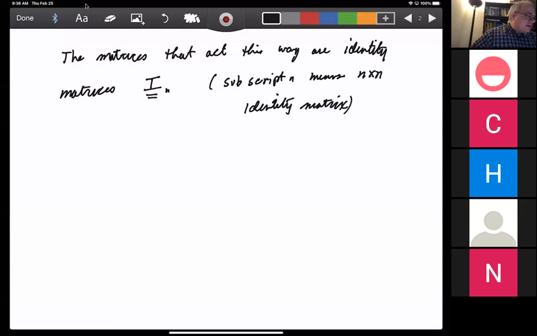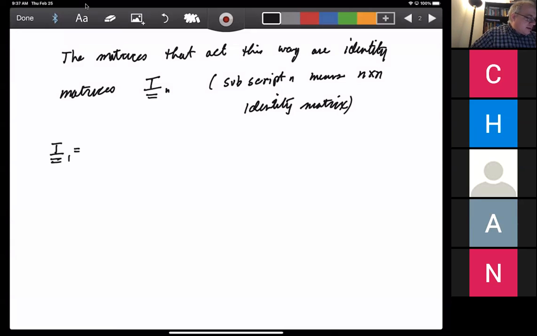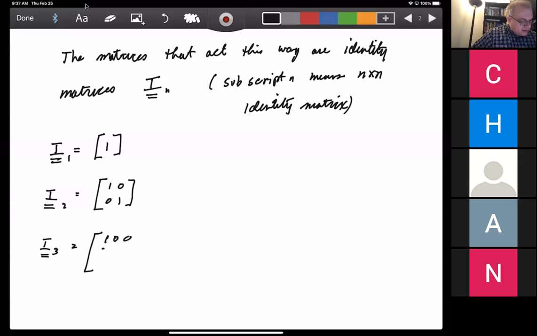And if it's clear from the context, the size of the identity matrix, often we won't bother including that subscript. If I'm talking about I sub 1, well, that's effectively just the number 1. I sub 2 would look like this. I sub 3 would look like this.